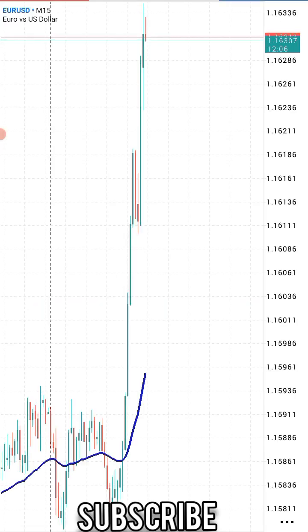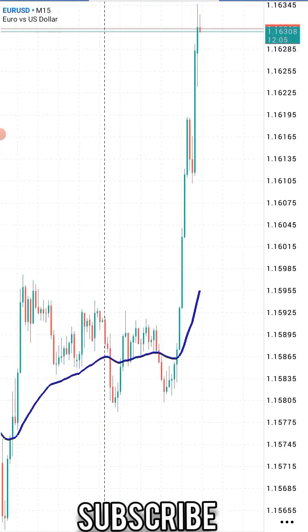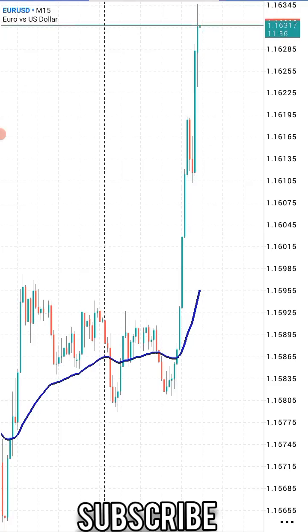Now this actually shows you the momentum of the market, that's the direction of the market, while the RSI tells you when the momentum is about to reverse. Are you getting me? Now when the momentum is about to reverse, which means when there will be a weak momentum, it is the work of the RSI to show you the reversal point.